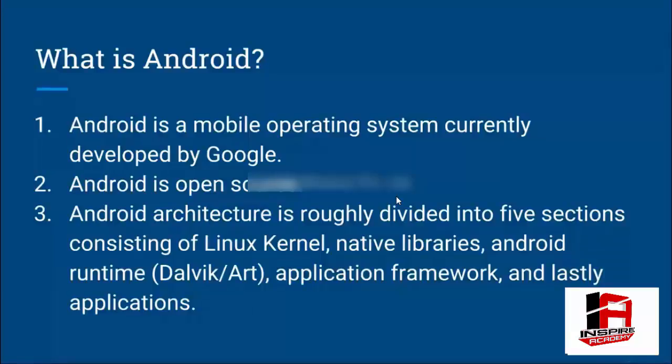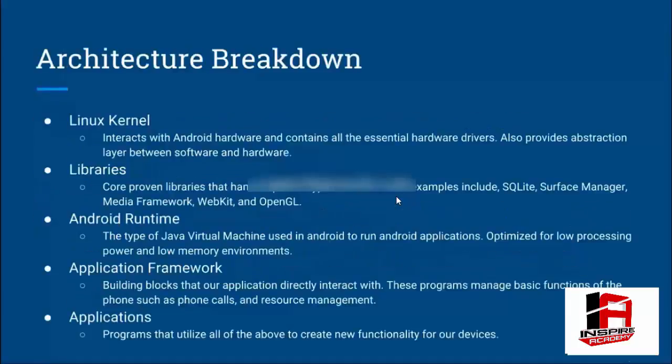Great. So Android architecture is roughly divided into 5 sections: the Linux kernel, native libraries, Android runtime, application frameworks, and then lastly applications. So now let's break down each one of those layers in the Android architecture.